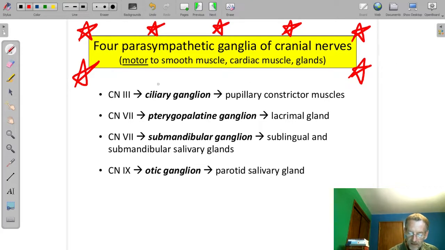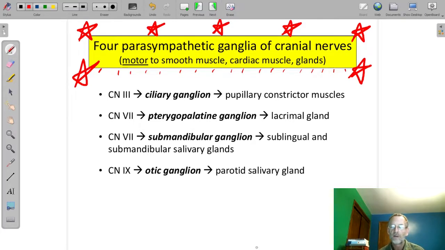So if you get this down now, that will make life easier as we go on. If the student continues to struggle with this, life is more difficult. That's all we're going to do in this lecture, these four ganglia, these four parasympathetic pathways. These are the only four that we're looking at in this course.